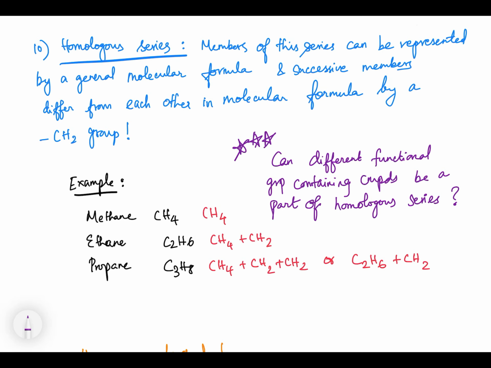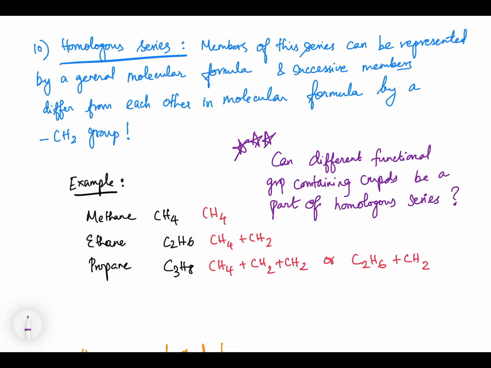You can see methane, that is CH4. The next member in that series is ethane, right? 2 carbons are present in ethane. Basically you have CH4 and you have one more CH2. So that is ethane. That is the second member of the homologous series of alkanes. Next comes propane. You can see CH4, CH2, CH2.